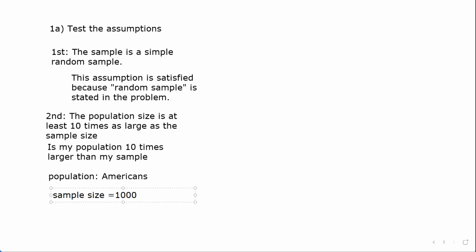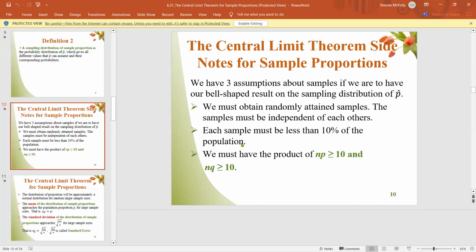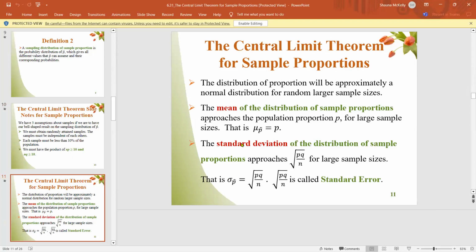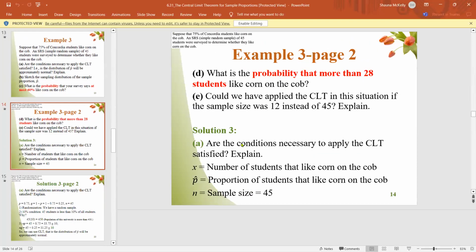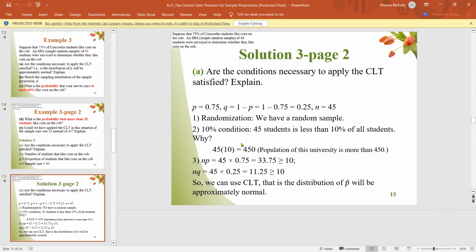Let me show you this. Let me come back to this part right here. Let me share these slides. So each sample must be less than 10% of the population. So if you look at her example, number 2 is the 10% condition.